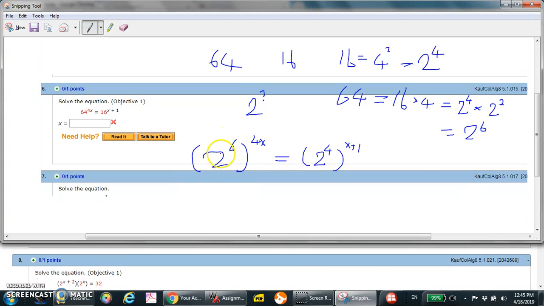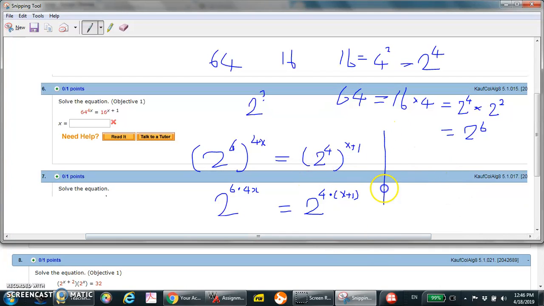Now next, use the property of exponent. The left-hand side will be 2 to the power of 6 times 4x, and the right-hand side will be 2 to the 4 times x plus 1.